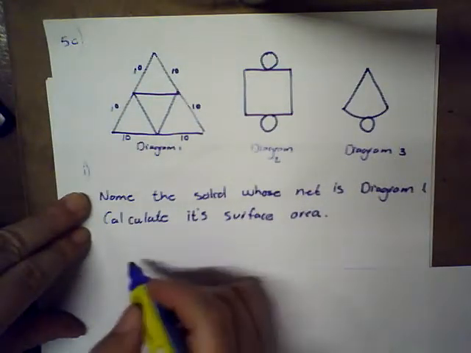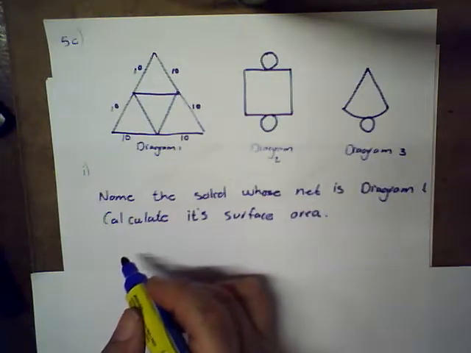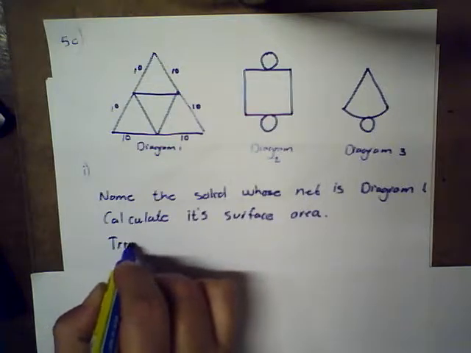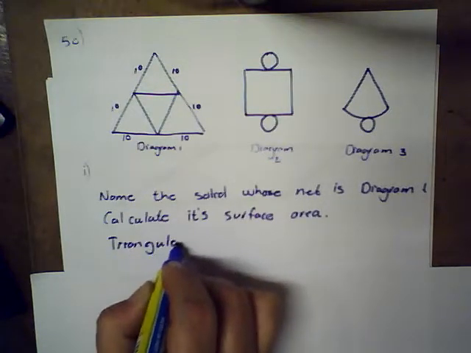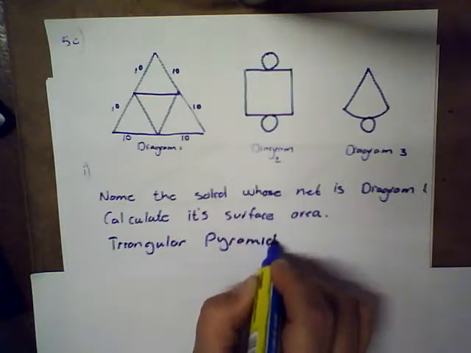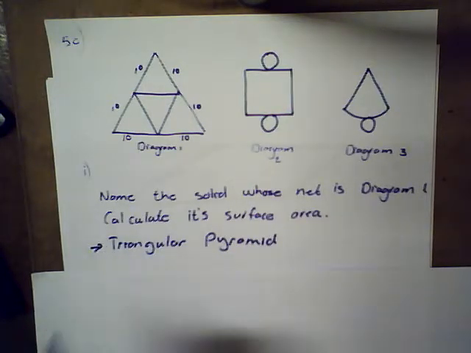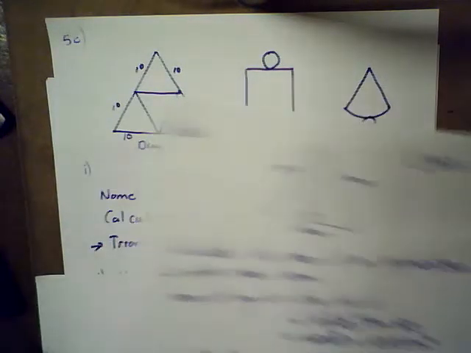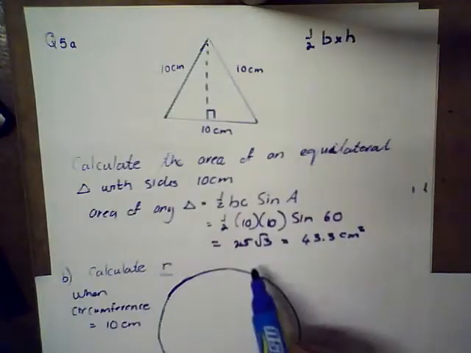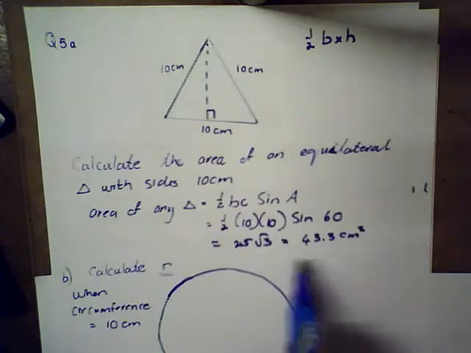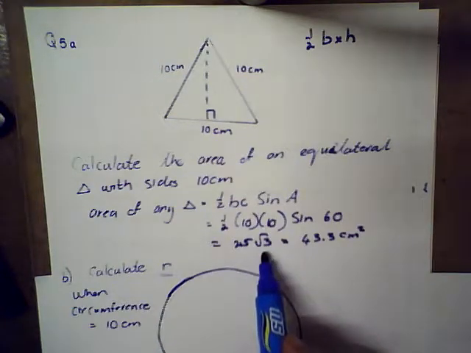Okay, it is definitely a triangular pyramid. Okay, so that would be the first part of my question. And then the surface area, well, we actually have just found the area of a little triangle that's 10 by 10. And that was 25 square root 3.